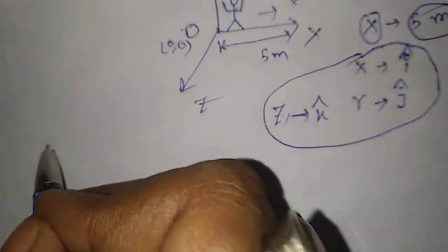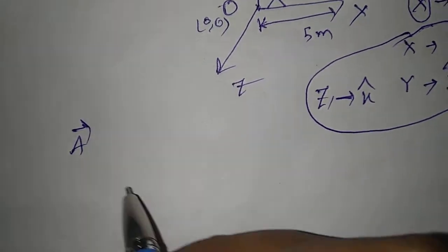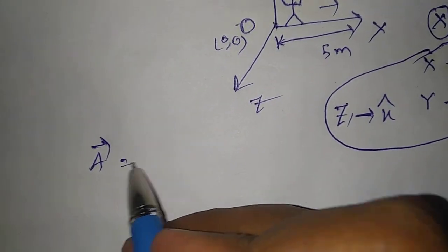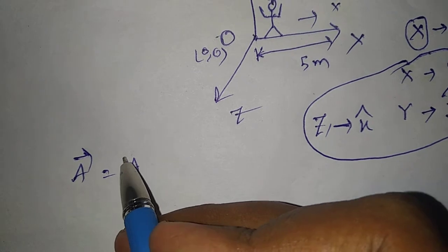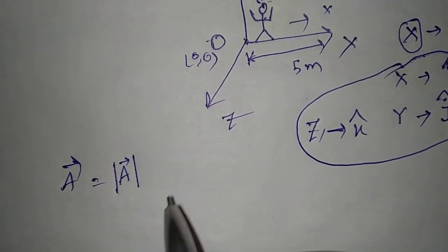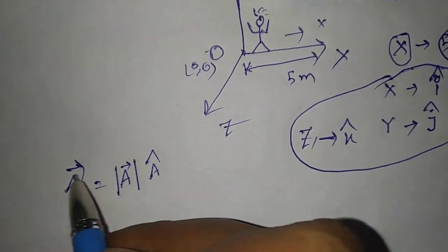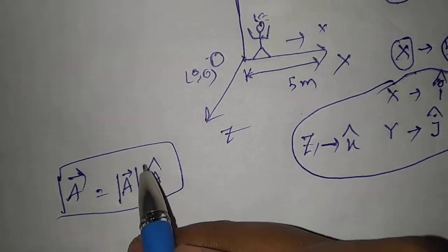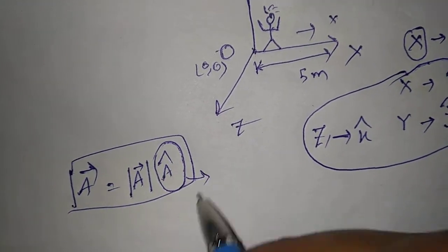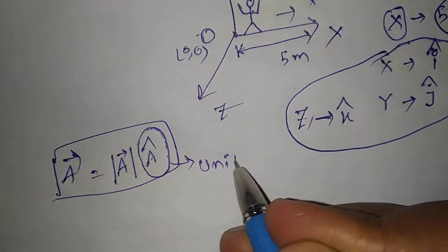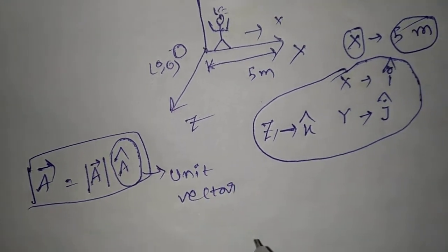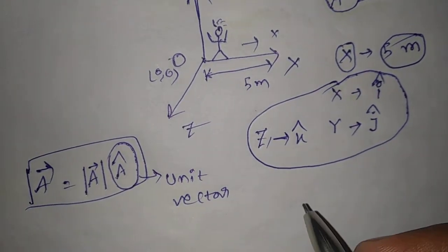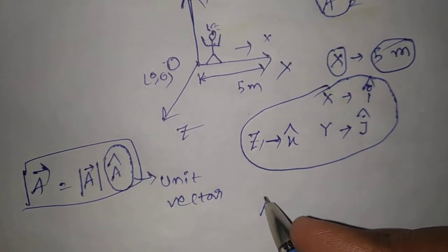If a vector A is written in such a way, its magnitude is mod of A into A hat. Here A hat is the unit vector. So what is the result coming from here?